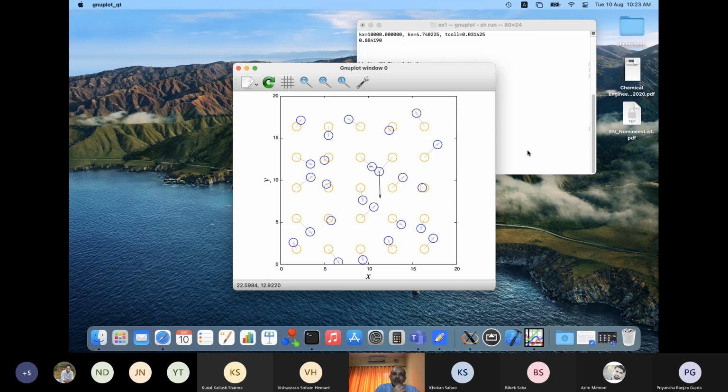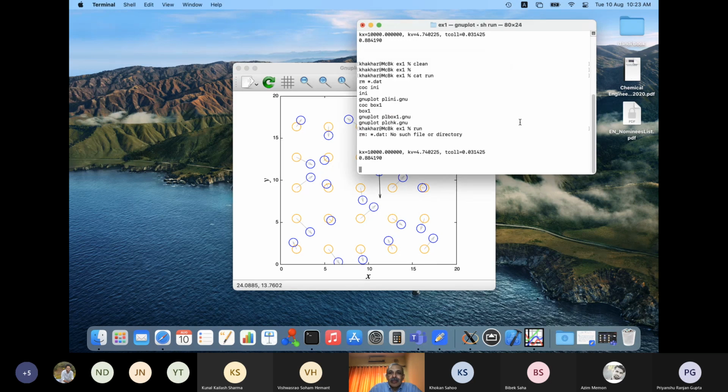So this is just to compare. 18 and 19 have collided, and this 2 is pretty close to colliding with the wall. But the time for collision, you notice it's slightly different. The reason is that now the collision time itself is finite, and that is given by 0.03.